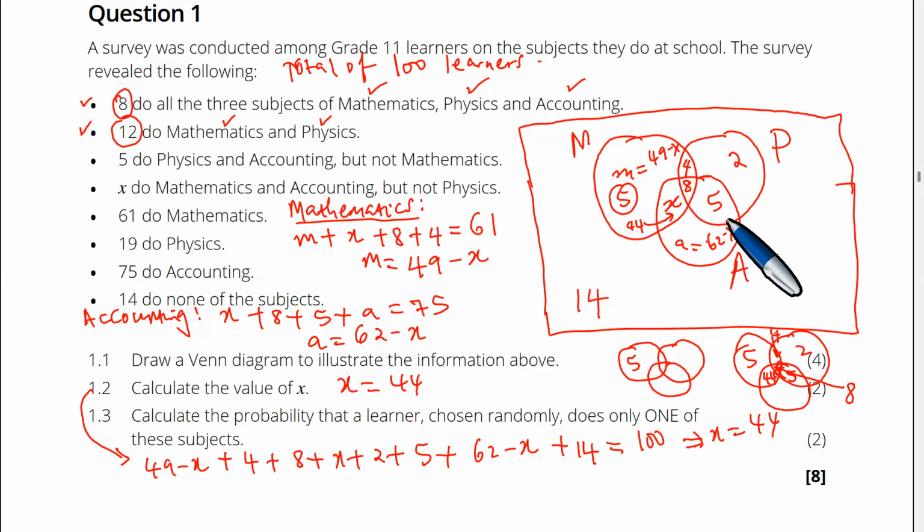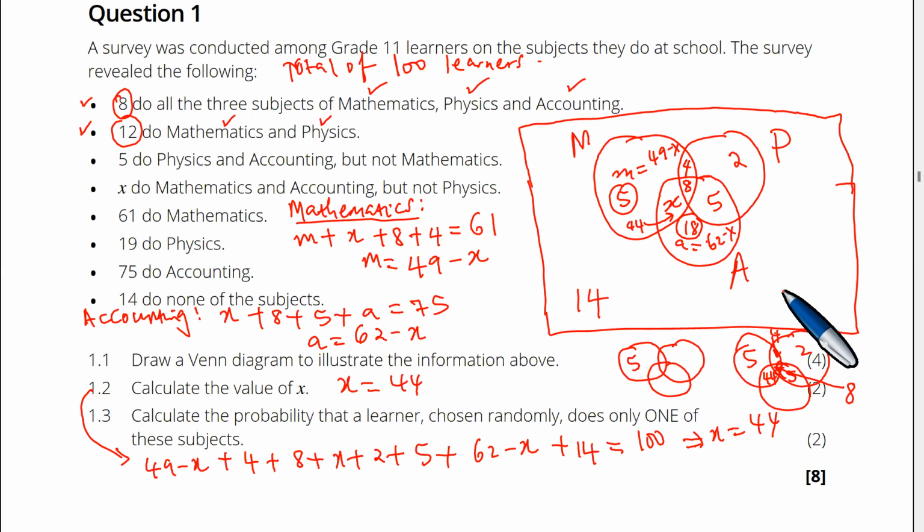So what is 62 minus 44? You need to be able to do your arithmetic correctly to make sure that you give correct answers. If you have 62 minus 44, you get 18. So here you're going to get 18. I'm going to put it in a circle. Then you have the 5, the 8, and so on like that. So looking at these very carefully, you look at this and think.